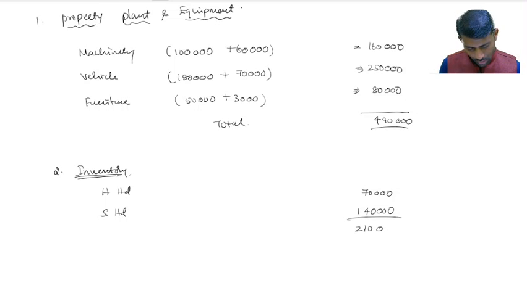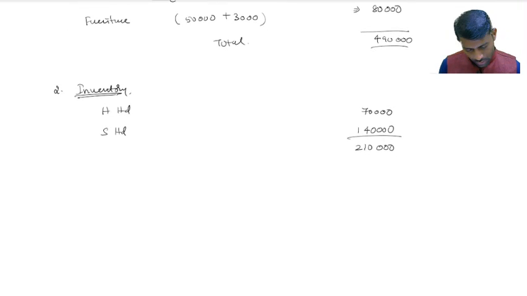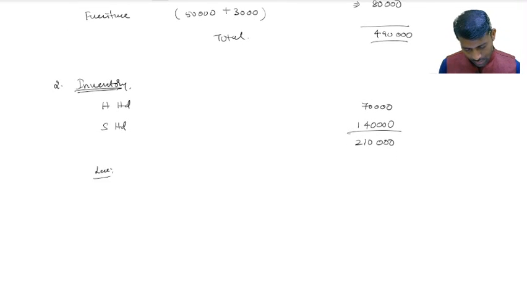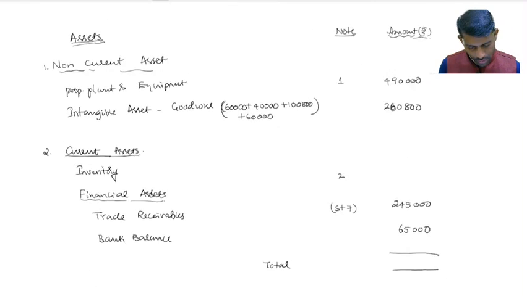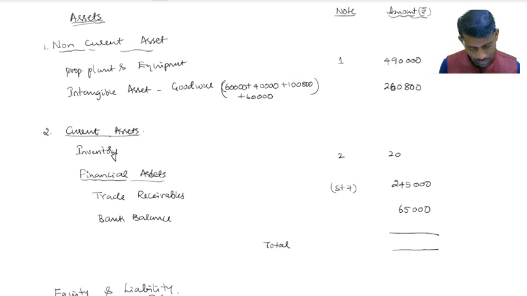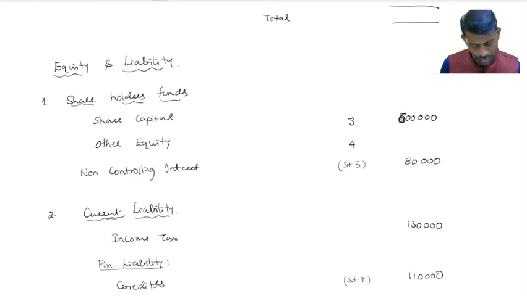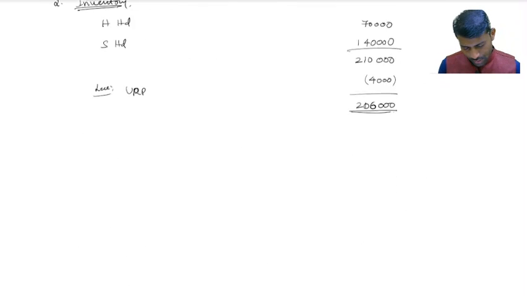In total 2,10,000, less unrealized profit 4,000, so 2,06,000. Next, note number 3, share capital.